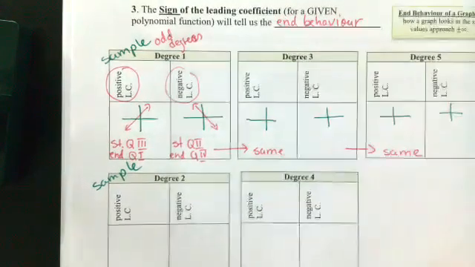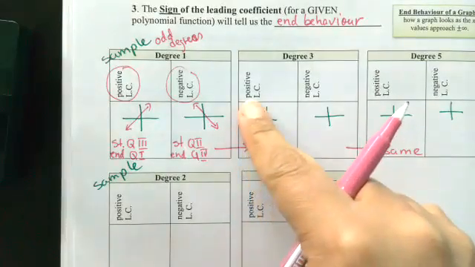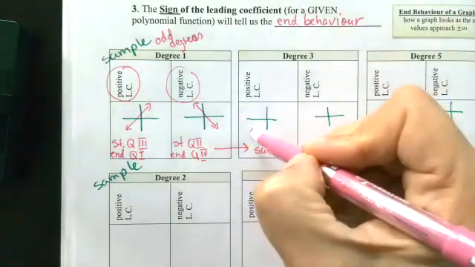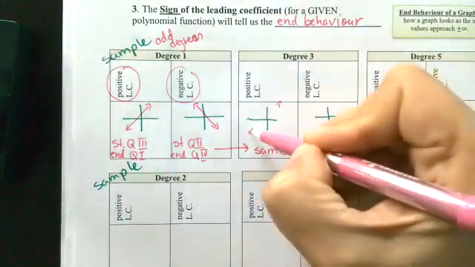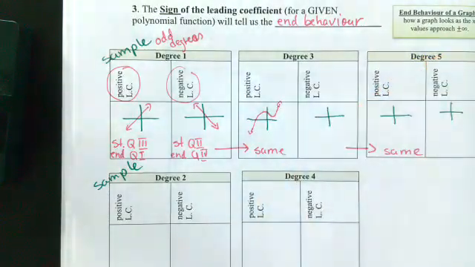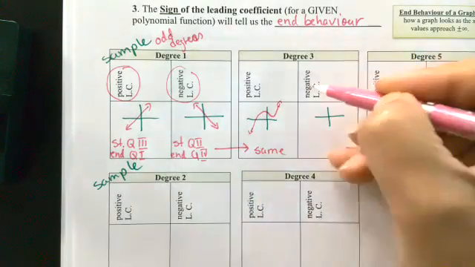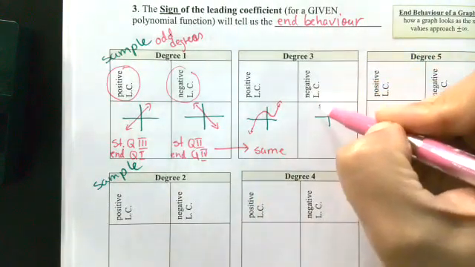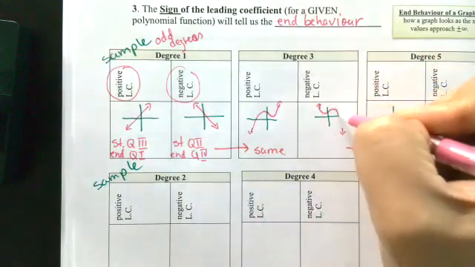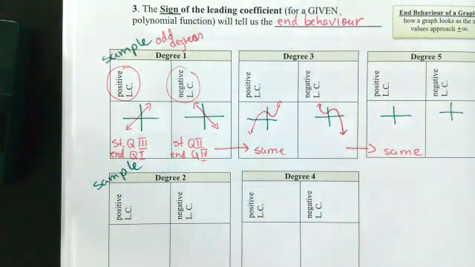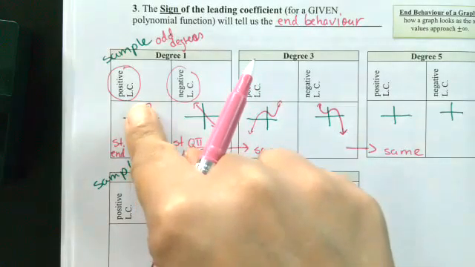So if I have a cubic function with a positive leading coefficient, it would still start in quadrant 3 and end in quadrant 1, but I will have the cubic function shape. For negative, it still starts in quadrant 2 and ends in quadrant 4, just like the linear, but it's going to have the cubic or snake shape.